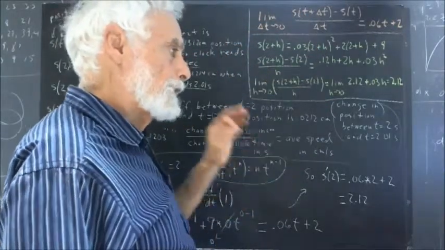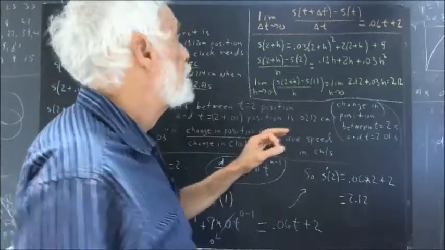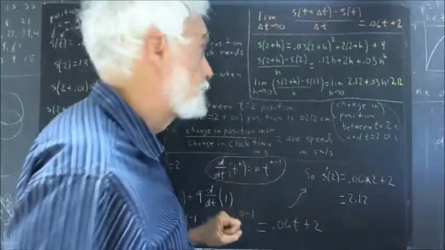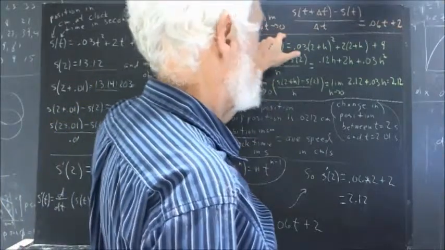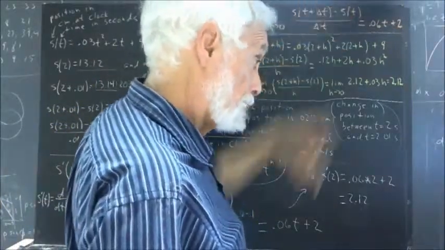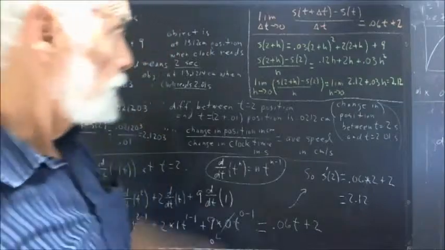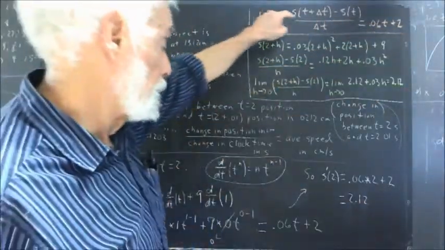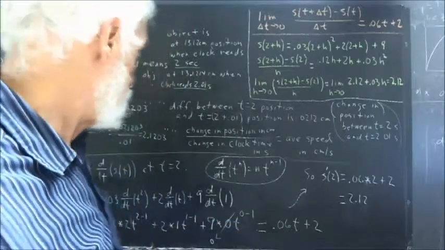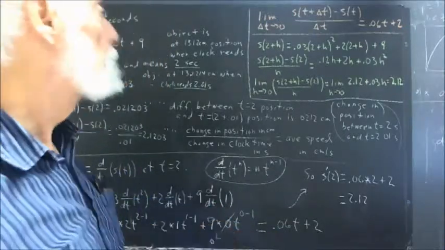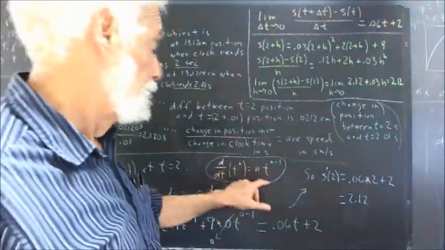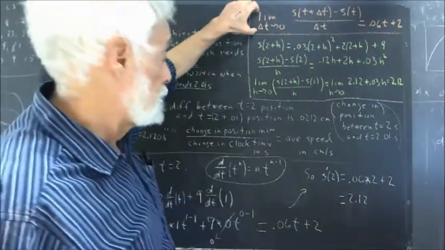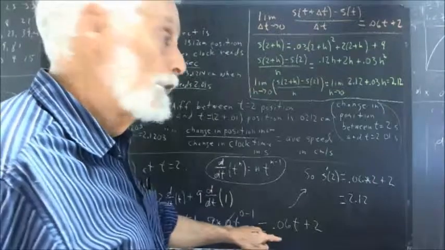All the other terms have higher powers of delta t, so that when delta t divides into them, there's at least a delta t left. And as delta t goes to 0, of course, all those terms are going to disappear. Again, you need to work this through, look back through examples if you want to completely understand how this derivative expression is obtained, other than by using the power function rule, and how it corresponds exactly with what you get down here.